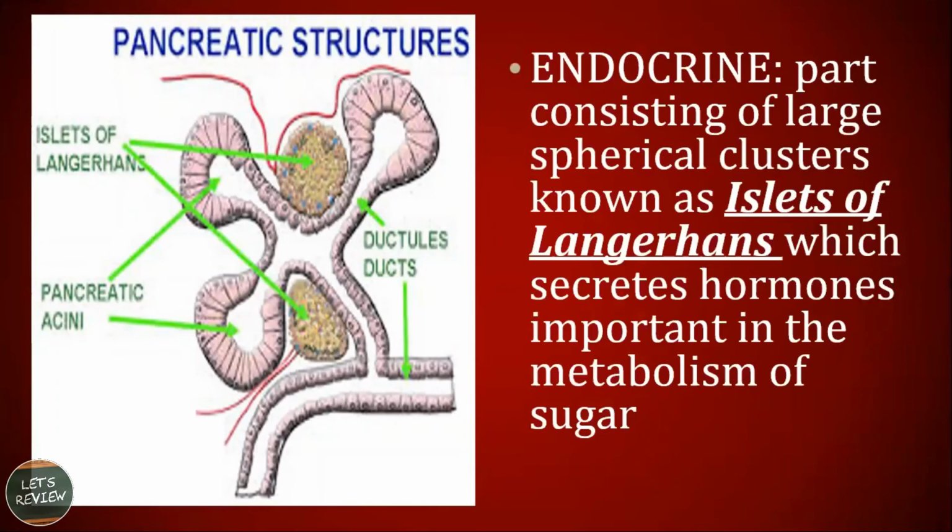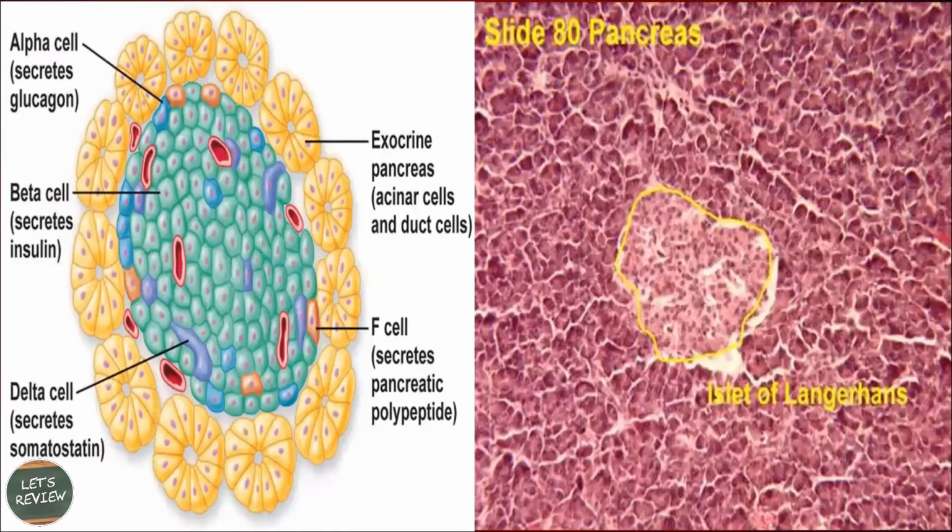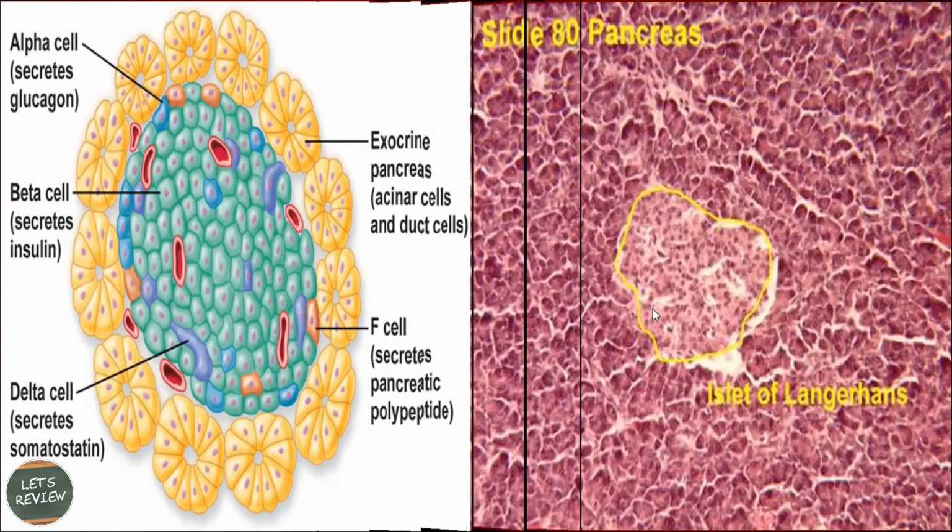As part of being an endocrine gland, it consists of large spherical clusters known as the islets of Langerhans, which secrete hormones important in the metabolism of sugar. This is what it looks like under the microscope.